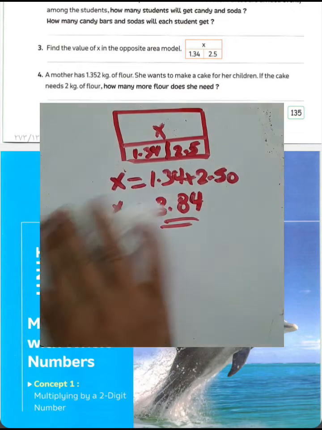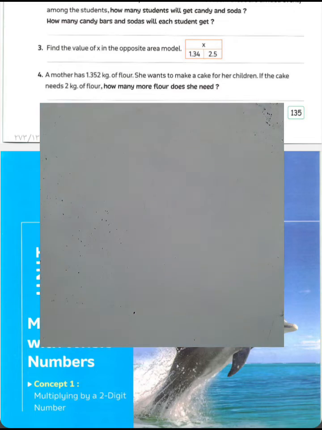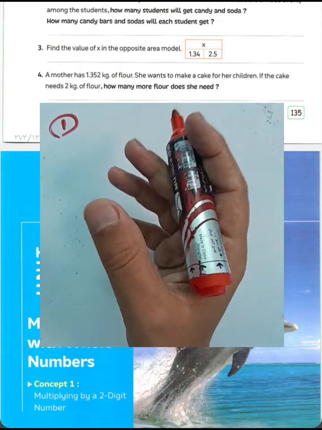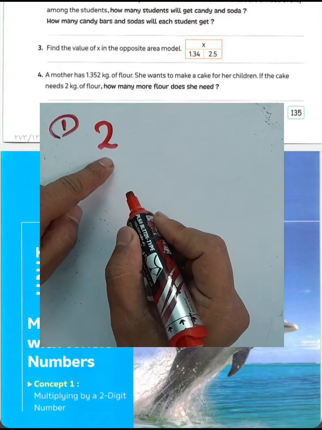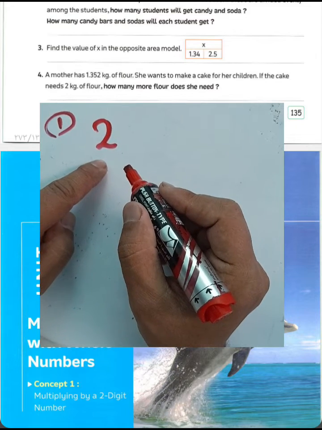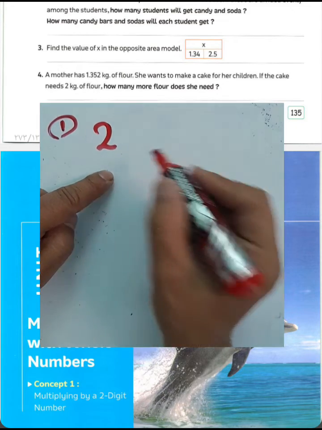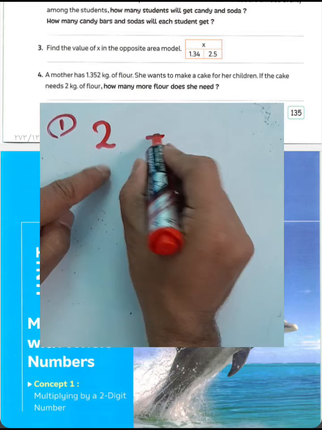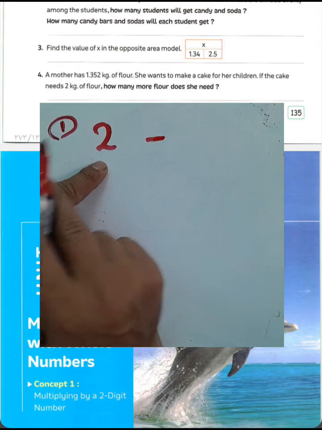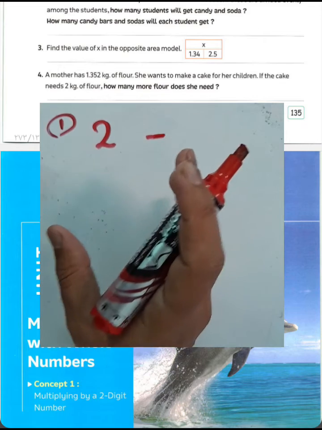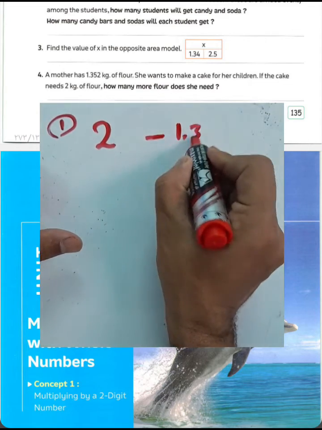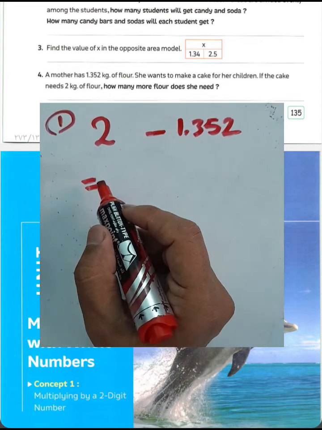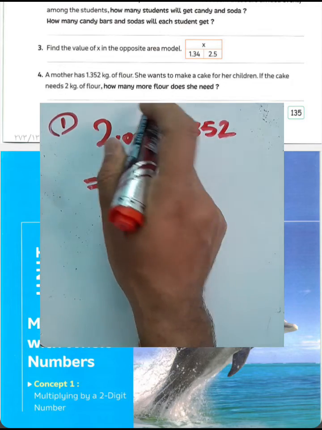Okay, the mother wants to make a cake that needs 2 kilograms of flour, but she now has 1.352 kilograms. How much more flour does she need? We can find the result by the difference between the two numbers.